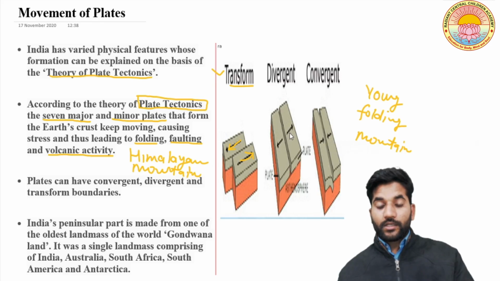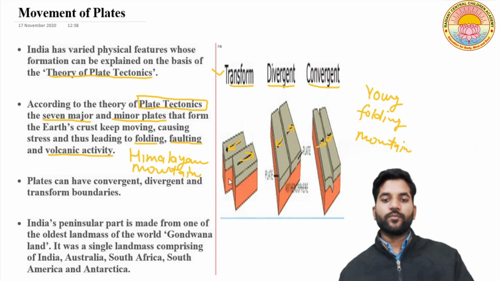But when tectonic plates move away from each other, they form the divergent boundary. And when tectonic plates move towards each other, they form the convergent boundary.